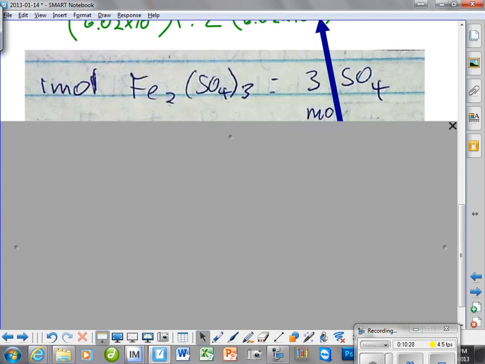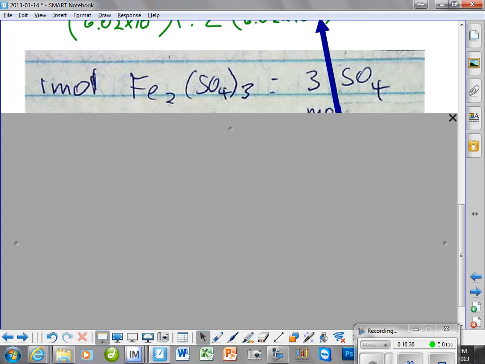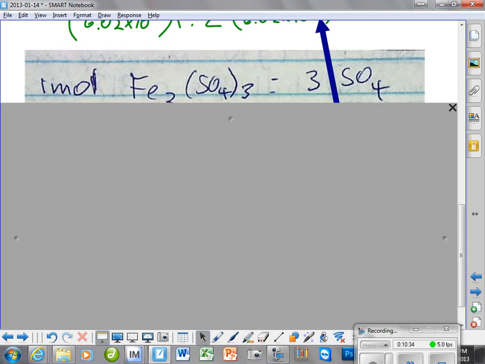One of the students a couple of periods ago had a question about something, and we went through this. 1 mole of the Fe2(SO4)3, so this is iron sulfate instead of iron oxide, which is what I have in your actual example. 1 mole of this will give us, you see this number right here? 3 sulfates.